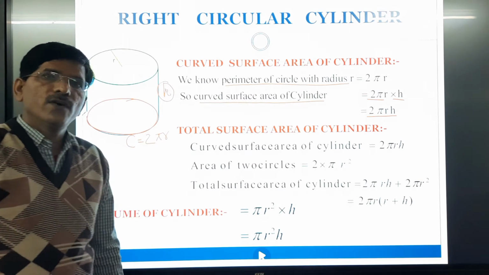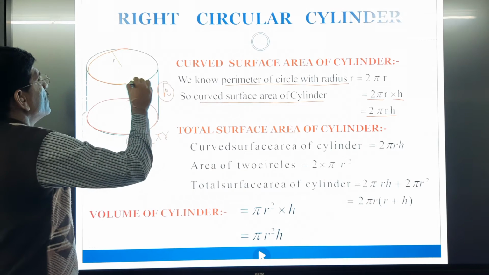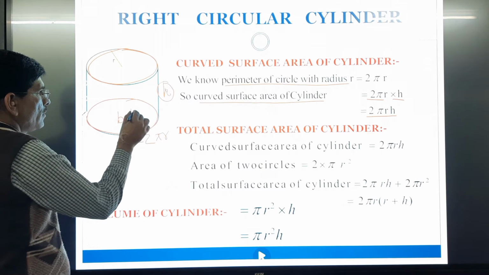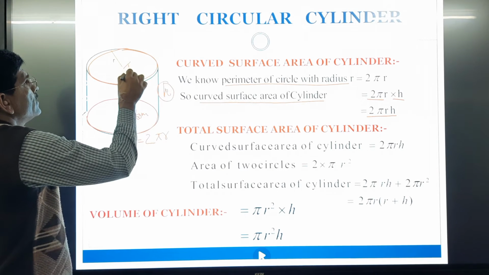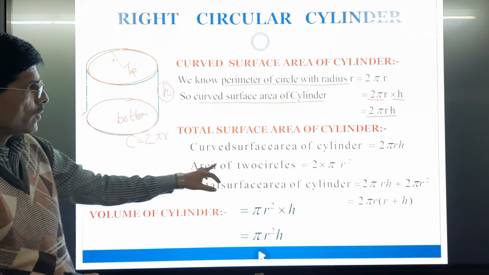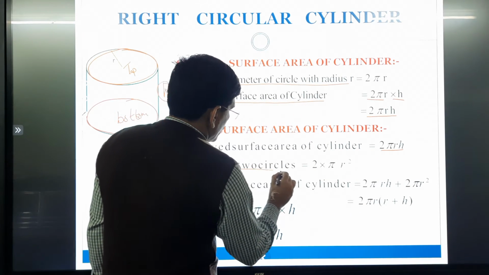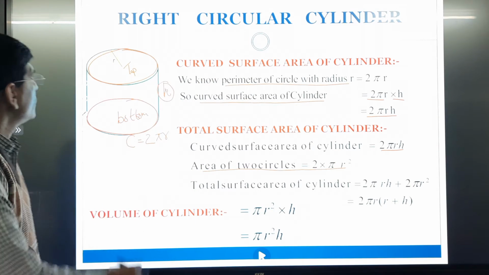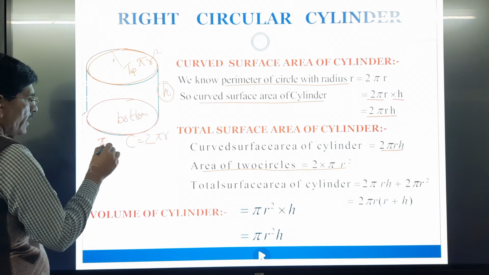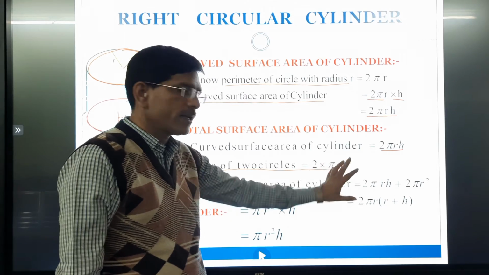Total surface area of a cylinder. What is included? Here it is top and here it is bottom. So the total surface area includes the curved surface area 2 pi r h plus two circles. The top circle has the formula pi r square, and the bottom circle also pi r square. So the area of the two circles is 2 pi r square.